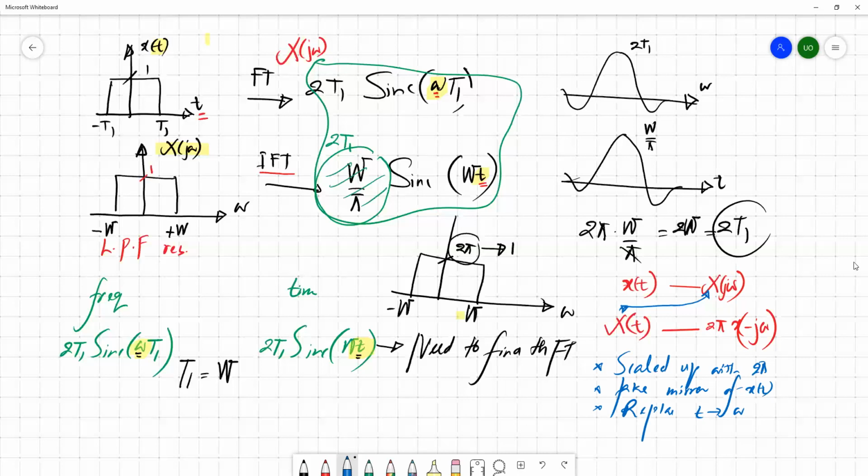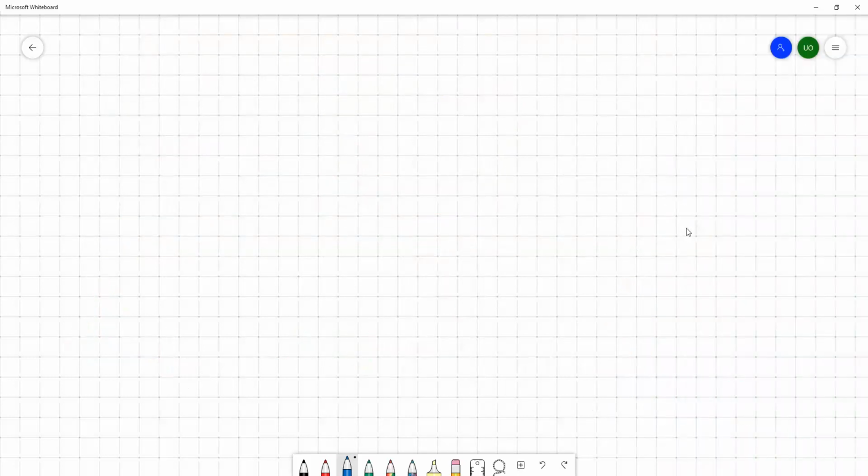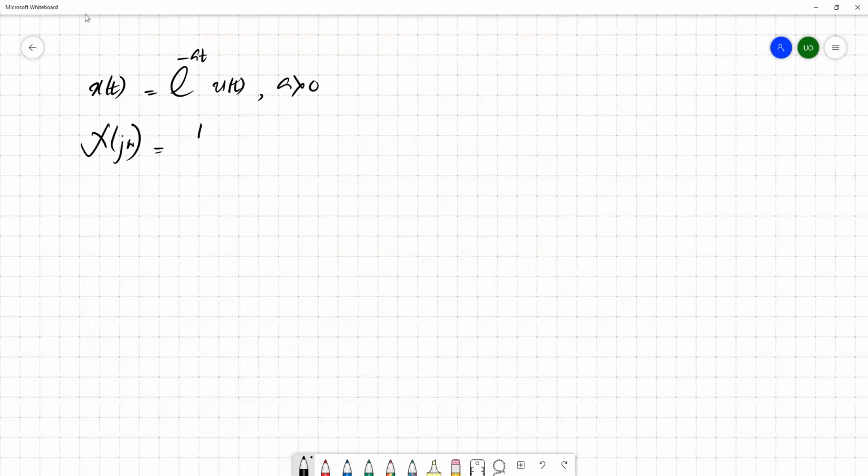We'll take one more example to make it clear. We had an example like this: x(t) equals e to the power minus a t u(t). We found that X(j omega) equals 1 over a plus j omega.